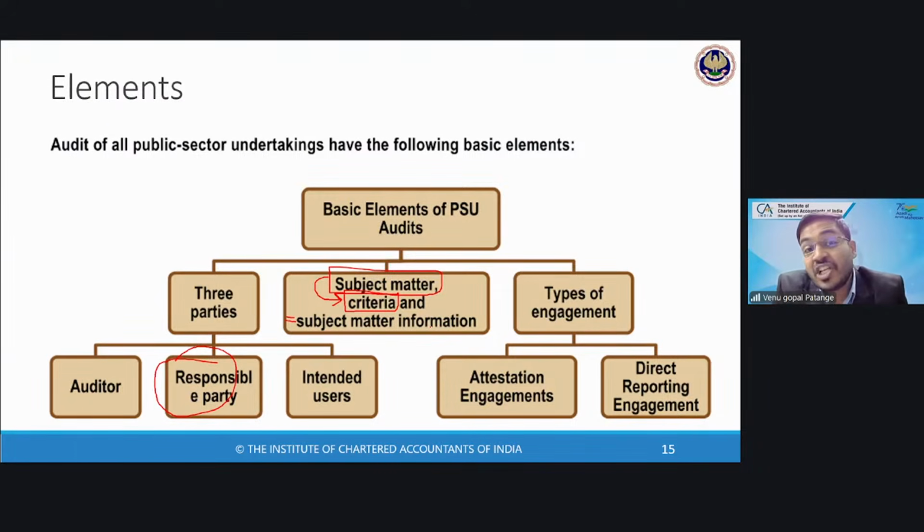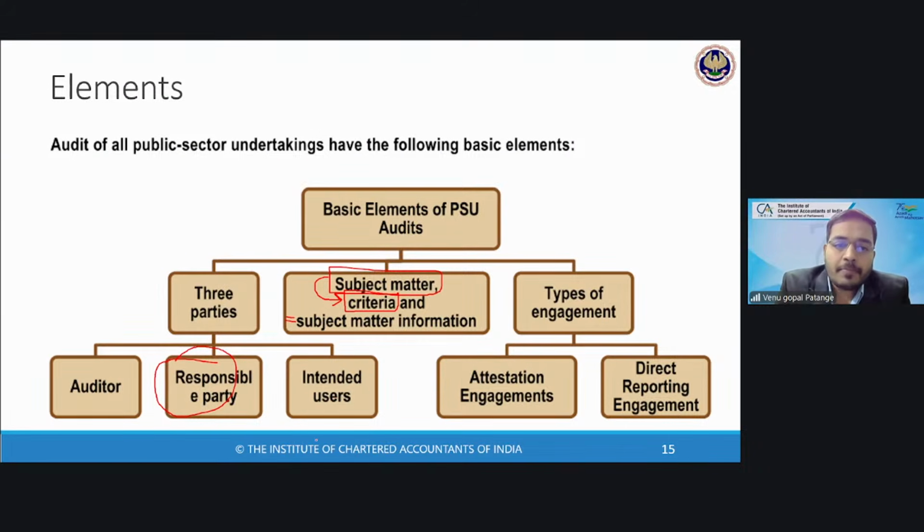So please understand, we have financial statements, which is the subject matter, which complies with the financial reporting framework, let us say IGAAP, Ind AS, IFRS, or US GAAP. Once you apply the criteria, that becomes subject matter information. The financial statements in compliance with the financial reporting framework, right?